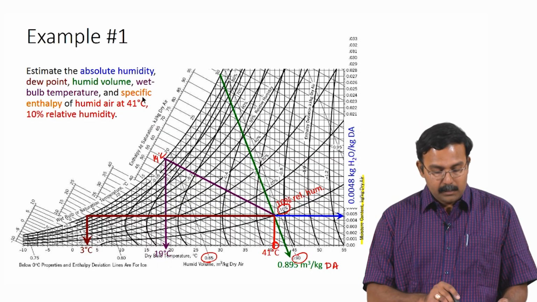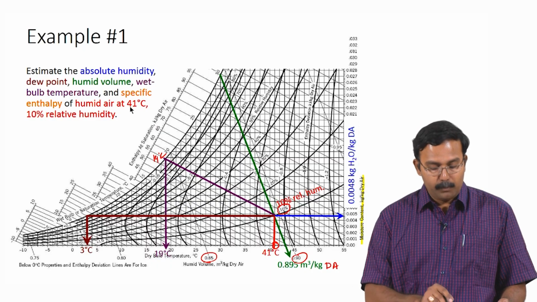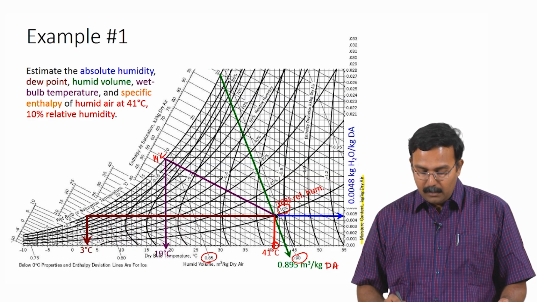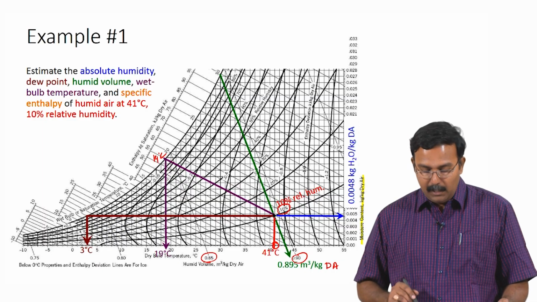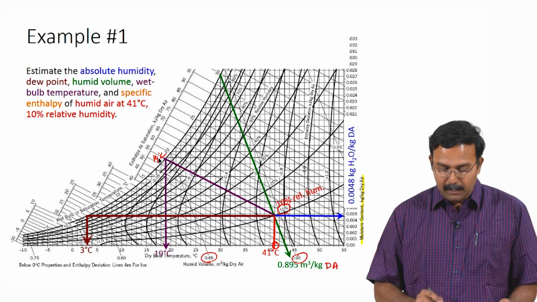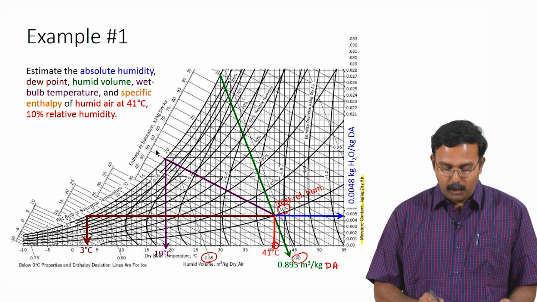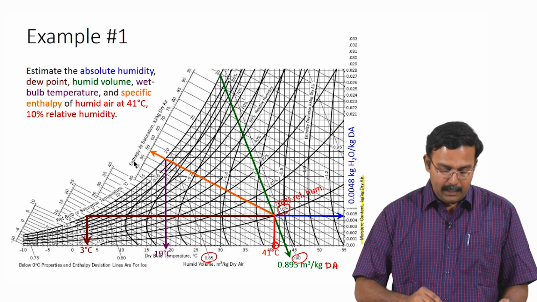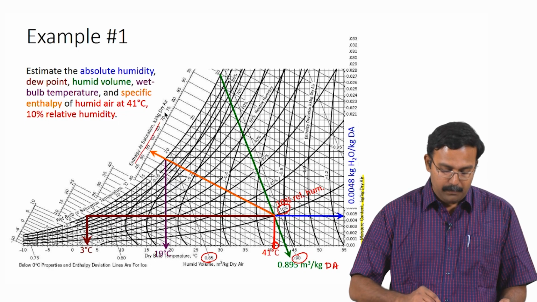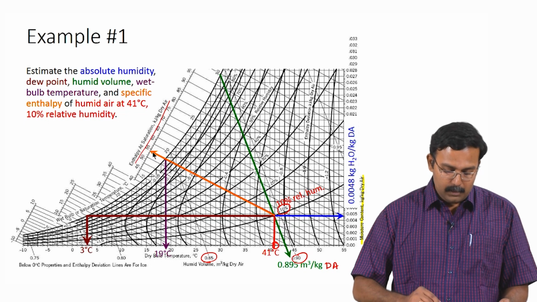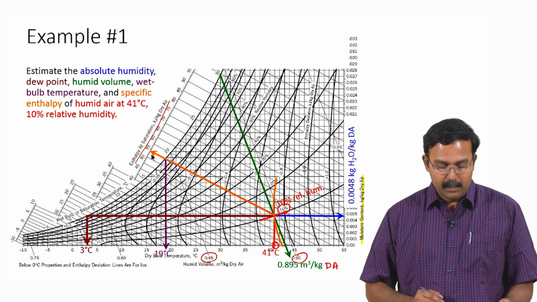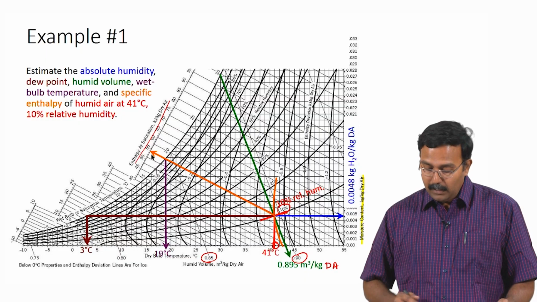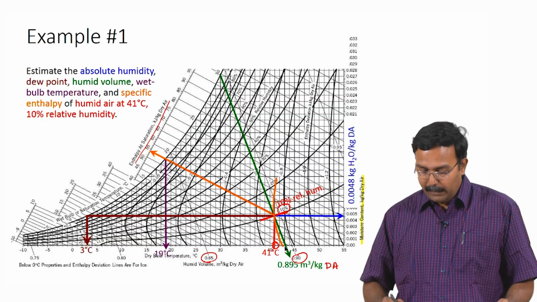The next aspect is to identify the specific enthalpy of humid air at 41 degrees Celsius and 10% relative humidity. Again, for identifying the specific enthalpy, we would draw the same line along the lines which we used for wet bulb temperature and measure the point value on the enthalpy axis given at the saturation curve. This lies between 54 and 55. This has been identified as 54 point something, and we also need to account for the enthalpy deviation.